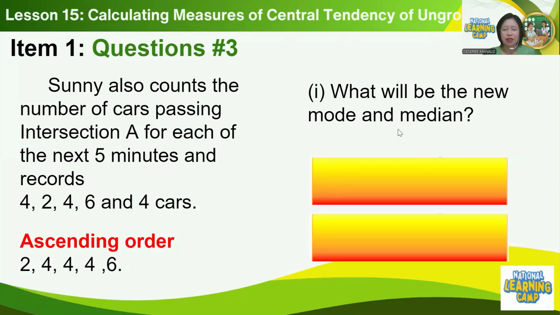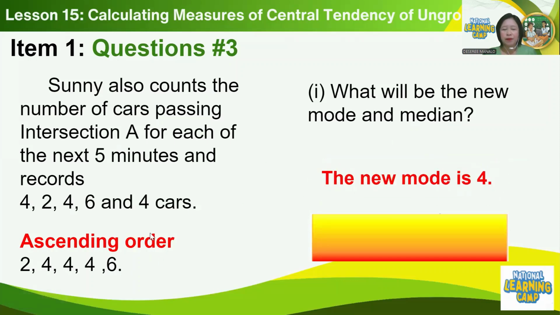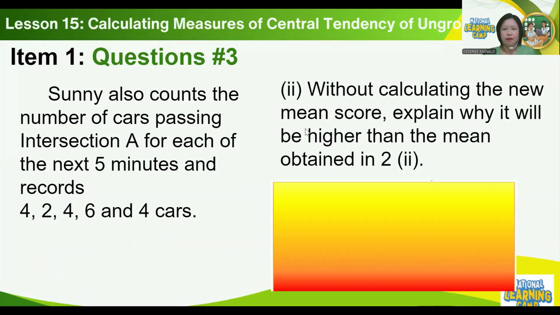What will be the new mode and median? First, the new mode is 4, since 4 appears 3 times. The most common score, the number with the highest frequency, is 4. Therefore, it is the mode. And the median, or the middle score, is 4.